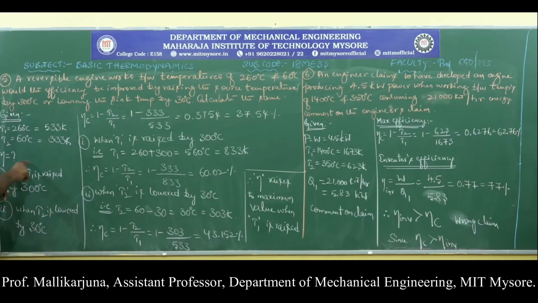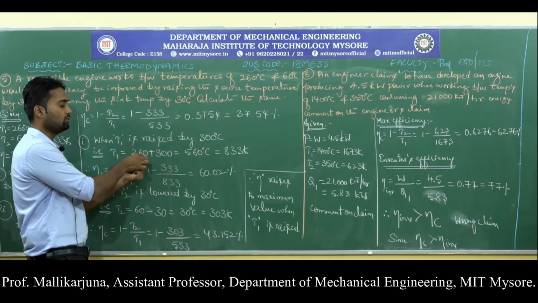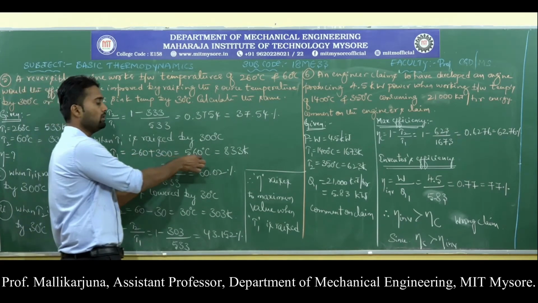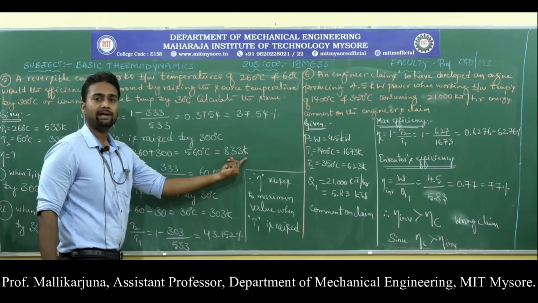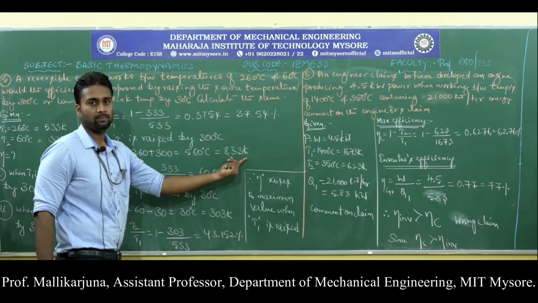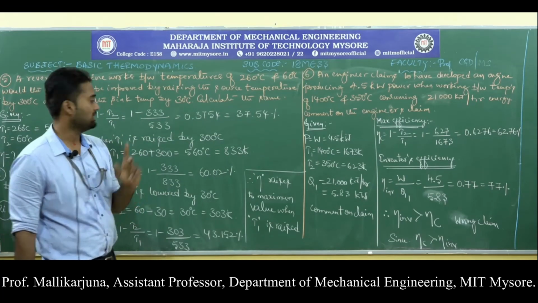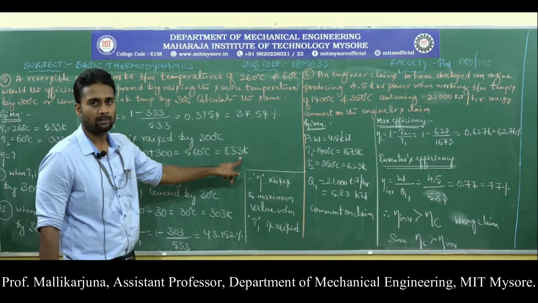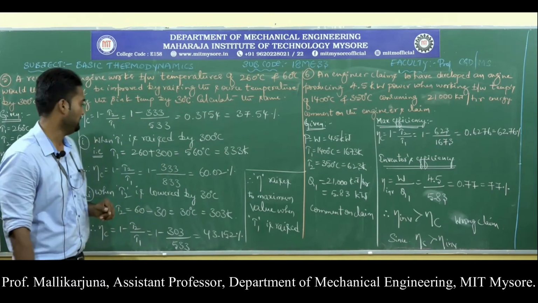In case 1, the source temperature is raised by 300 degrees Celsius. T1 is raised by 300 degrees Celsius, in the sense 260 plus 300, which is equal to 560 degrees Celsius. In terms of Kelvin, it will be 833 Kelvin. That means now the highest temperature will be 833 Kelvin. By keeping this value, calculate the efficiency again.